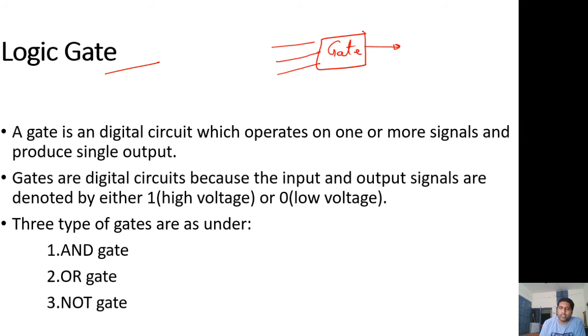Gates are digital circuits because the input and output signals are denoted by either 1 or 0. If any input is given by a digital signal and the output is also a digital signal, then the corresponding circuit will be called a digital circuit.